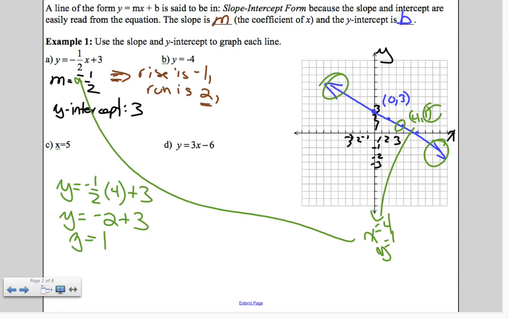y is equal to negative 4. That's a weird one. I don't see an x. Where do I start with that? The slope is 0 and the y-intercept is negative 4.